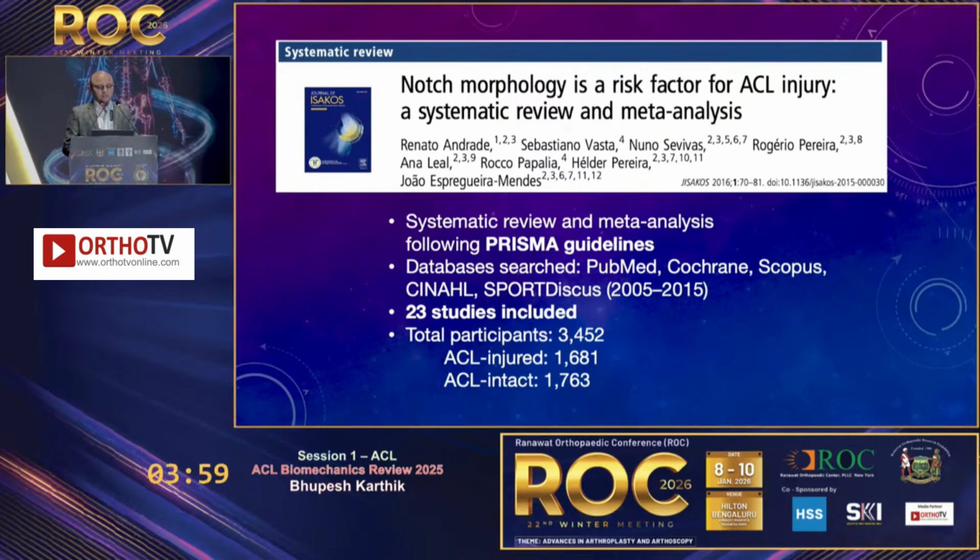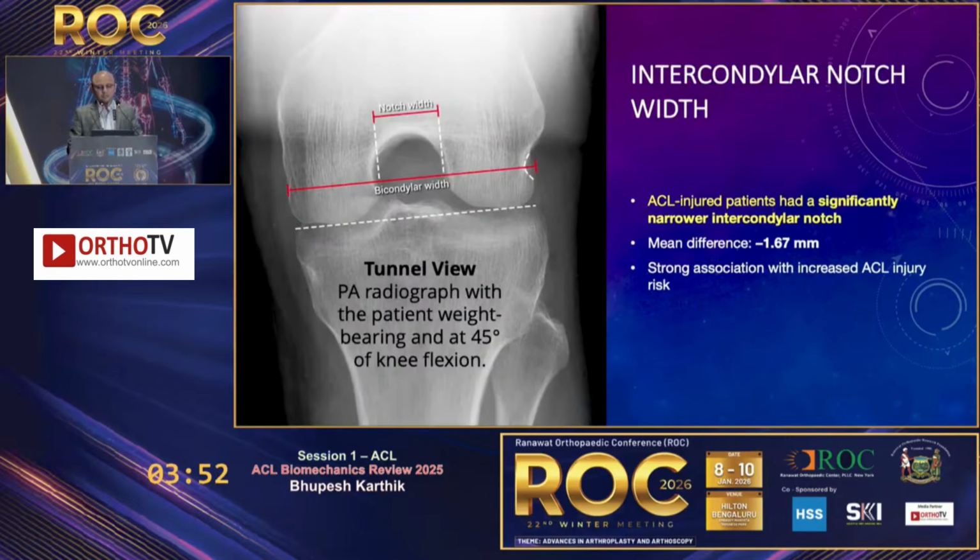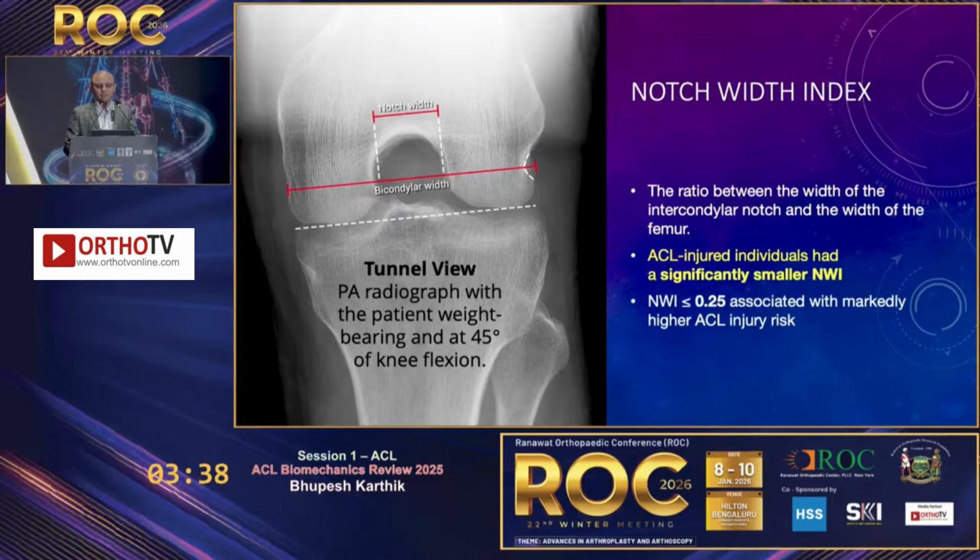This is a study by none other than Professor Mendes, published in ISAKOS in 2016. This shows that there are a few important anatomical considerations. Most important is the intercondylar notch width. ACL injured patients significantly have a lower intercondylar notch width. The second is the NWI, or the notch width index, and a significantly lower notch width index is a reason for failure of ACL.